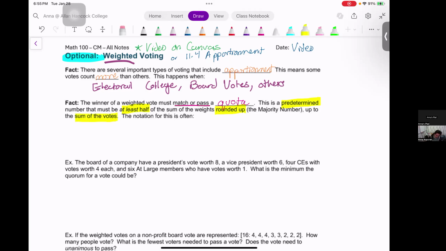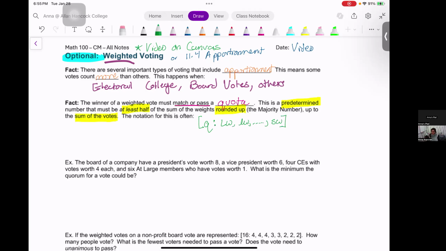So we see the notation for this looks like square brackets, the quota number, okay, and then the largest weight vote, the next largest weight vote, all the way down to the smallest weighted vote. Okay, a whole list like this where we see our quota number first.